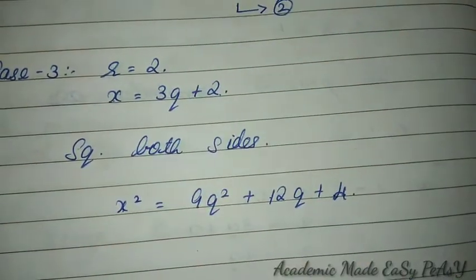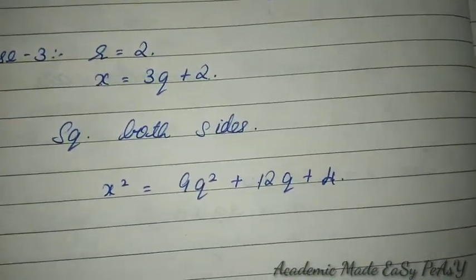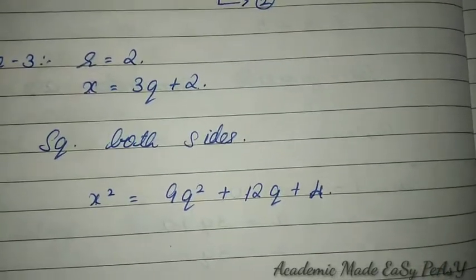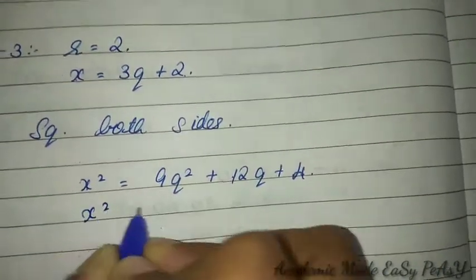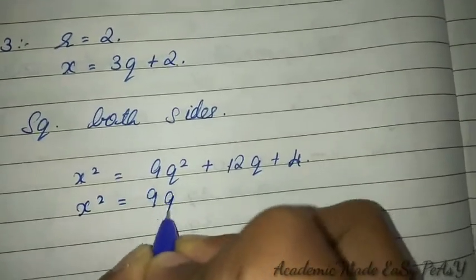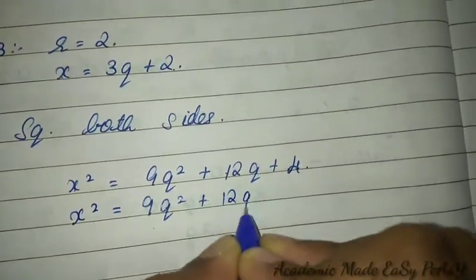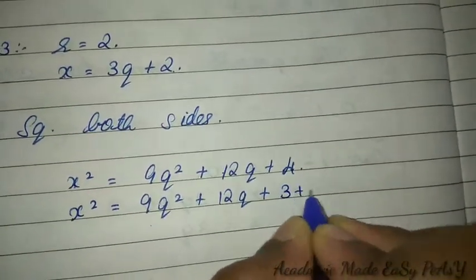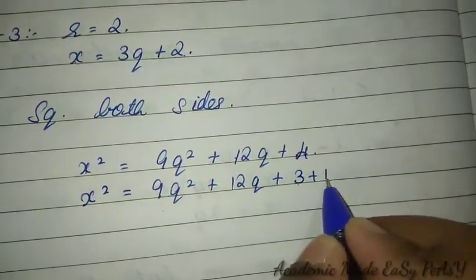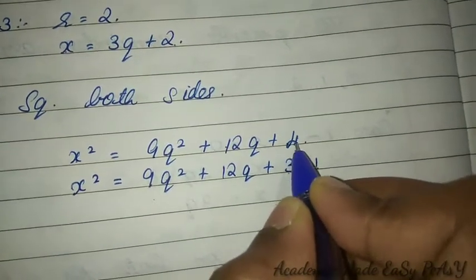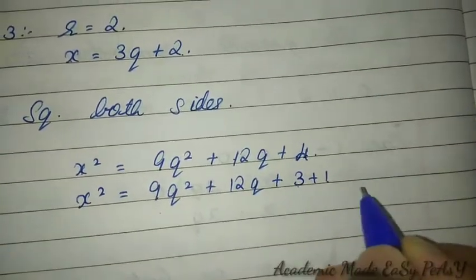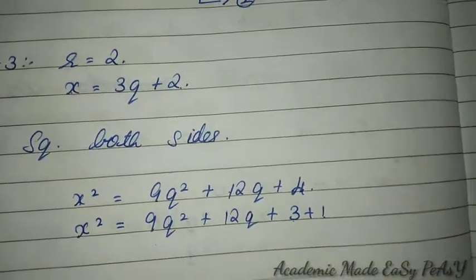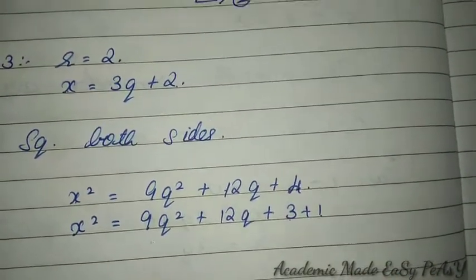So we have to think how we can change it in the form of 1 or else in 3. So we also know that 9q square plus 12q plus, we can write this 4 as 3 plus 1. Okay, if we add these two, we'll get back the same equation. So I'm splitting this in such a way that I may get 3m or 3m plus 1.